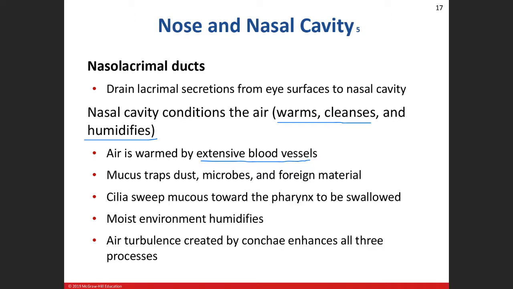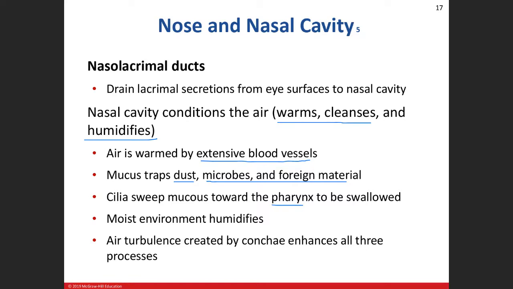But because we are taking things from the external environment towards our internal environment, the mucosal membranes are going to help deal with any foreign debris, any pathogenic or infectious material that is going to enter in. Now, because of the ciliated pseudostratified columnar epithelium there, any material that gets caught in that mucous membrane, we have our cilia that are going to beat back and forth and flush it towards the oropharynx.